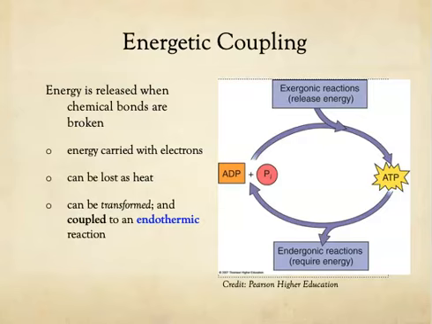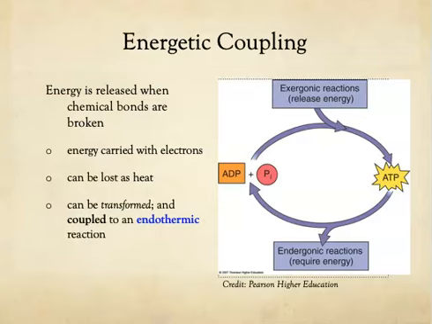Now, it would make sense for a living cell to bring those two reactions together, to couple the exergonic reactions and the endergonic reactions so that the energy that gets released by an exergonic reaction can be used by the endergonic reaction. That makes lots of sense, doesn't it?